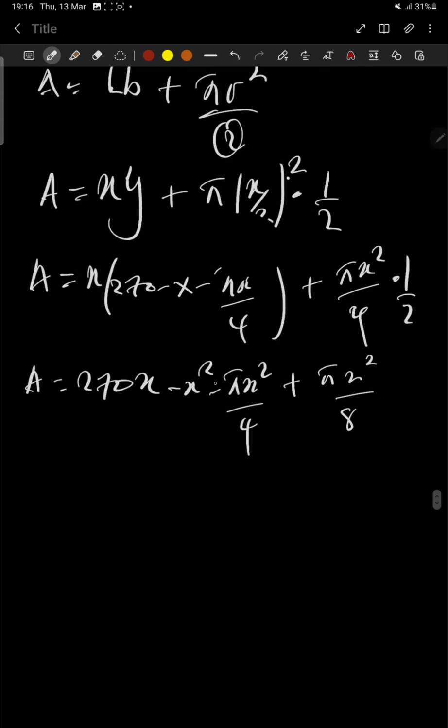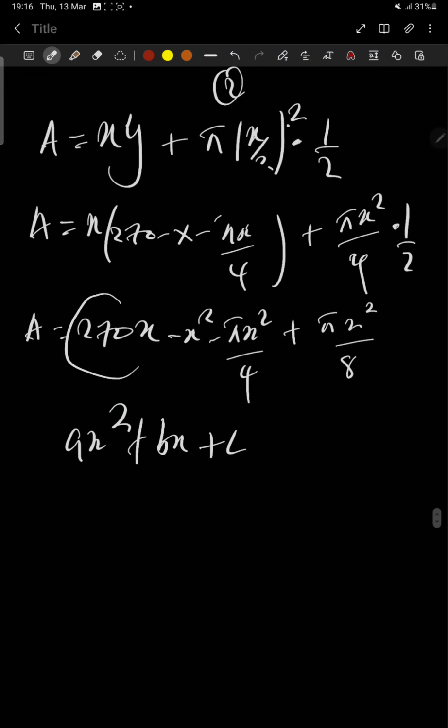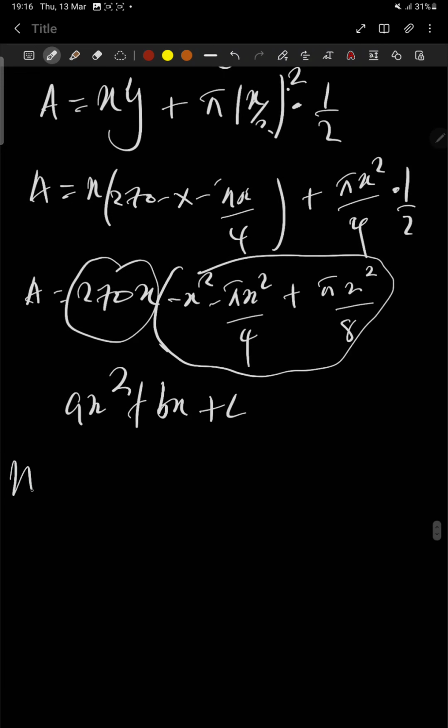Alright, now listen guys, notice our quadratic equation should be in the form of ax squared plus bx plus c, right? Now I already have, this is my b, my a is everything that is here, this is my a, right? So I'll factorize x squared with my a there. So if I factorize, it would be open bracket negative pi over 4, or negative, first negative 1.